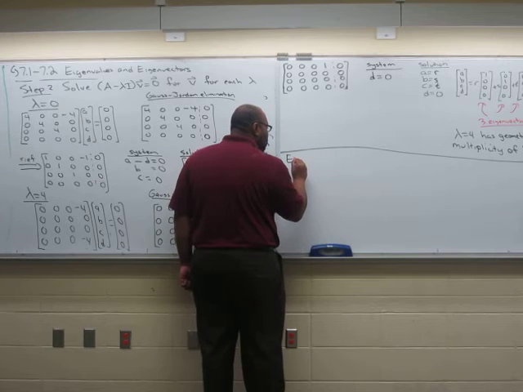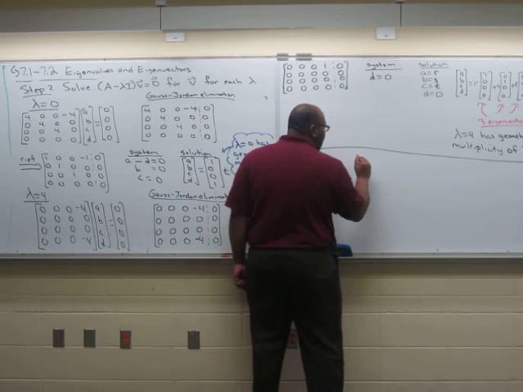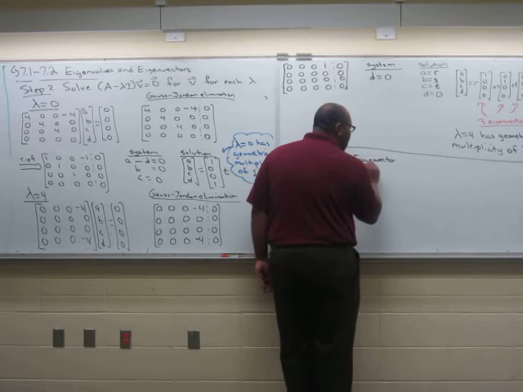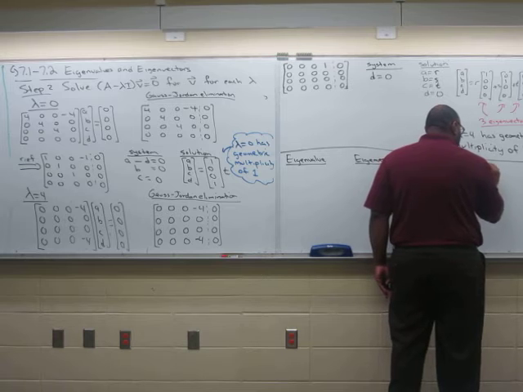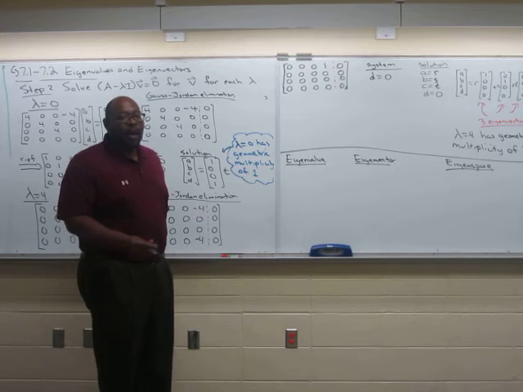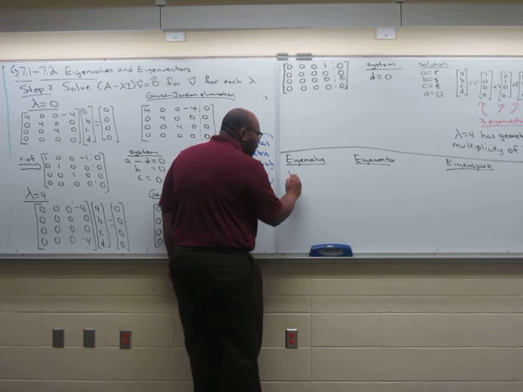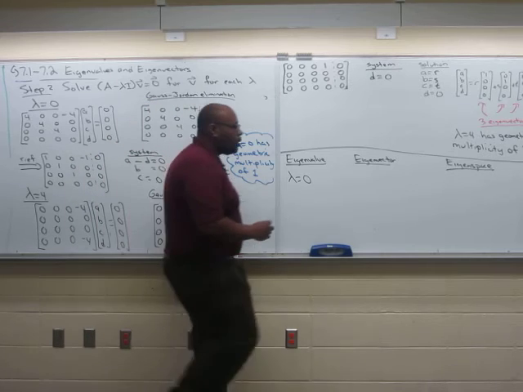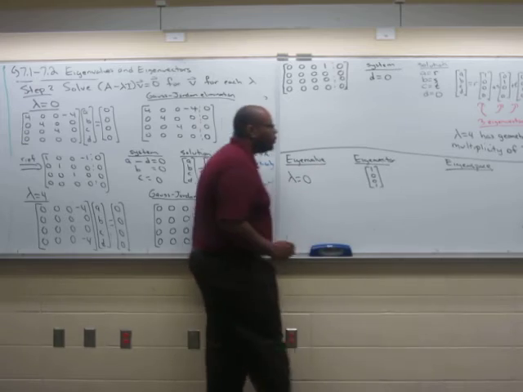We have our eigenvalues, our eigenvector, our eigenspace. So if I look at the first one, my eigenvalue, I have lambda equals 0. It only has one foundational eigenvector, which is 1, 0, 0, 1.